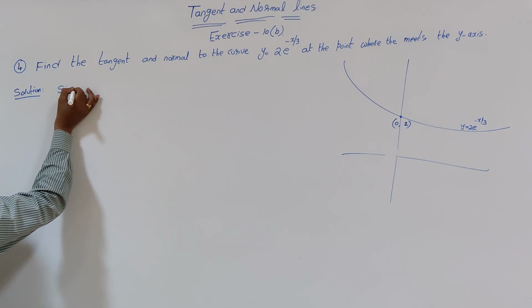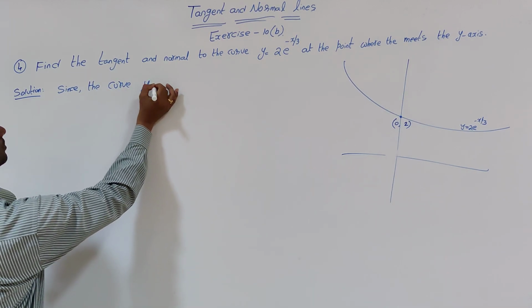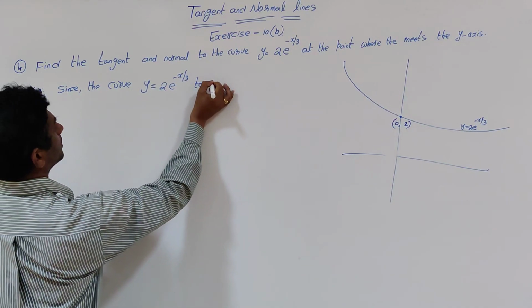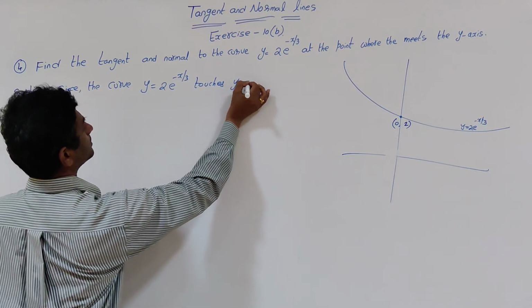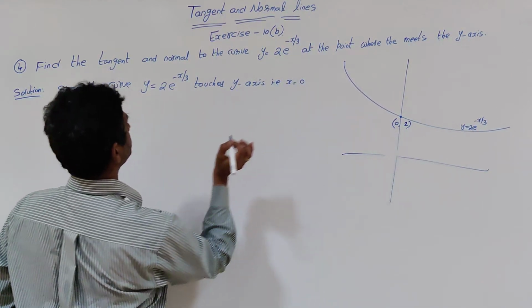Since the curve y is equal to 2 into e to the power of minus x by 3 touches the y axis, x will be 0.